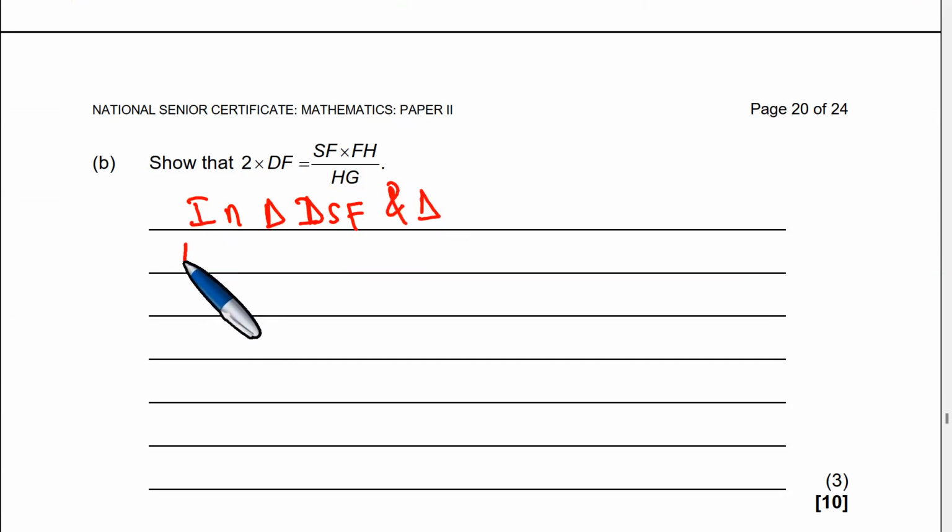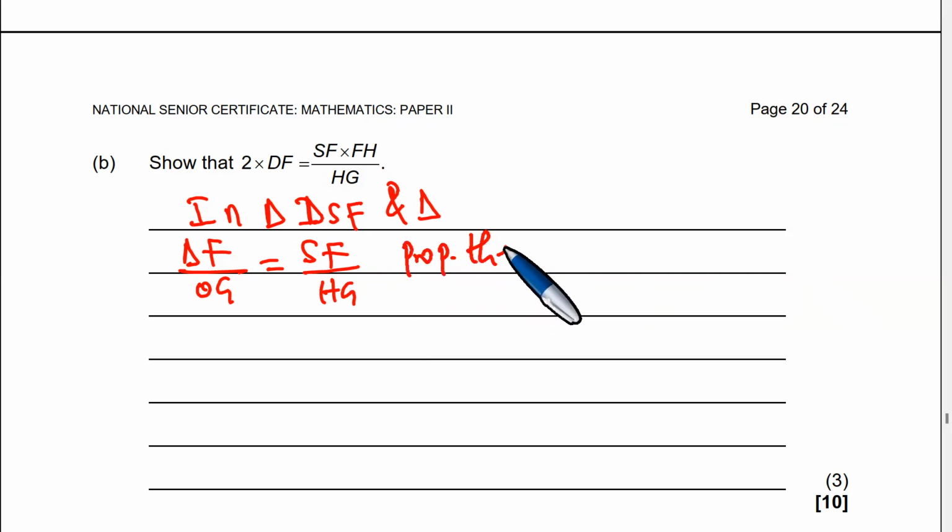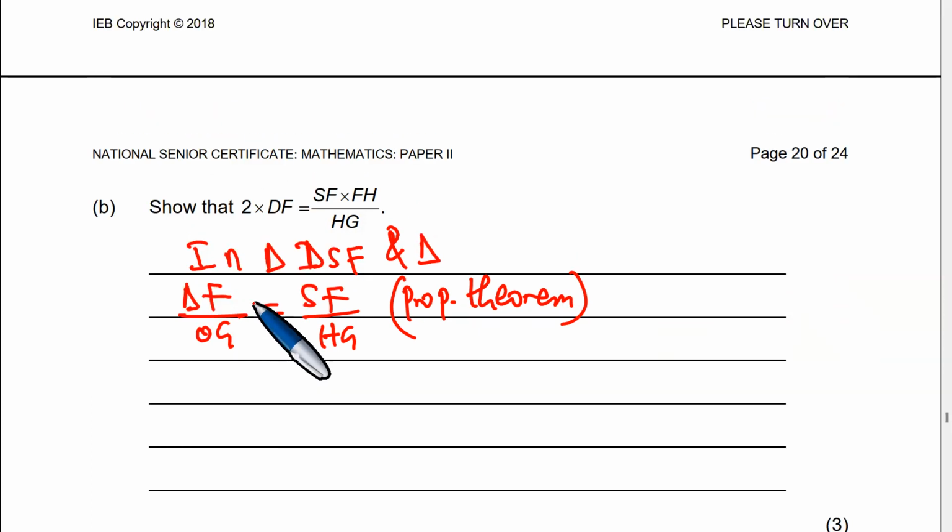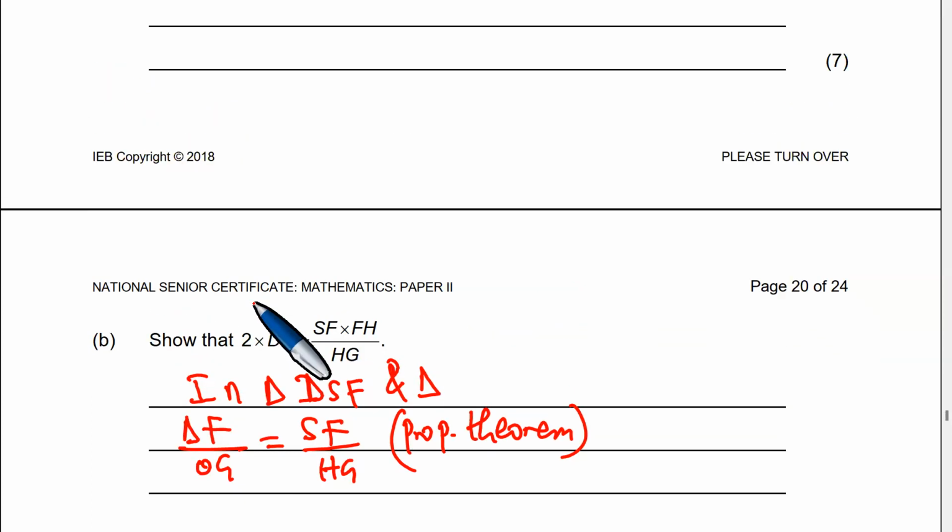But the first observation is that DF over OG is equal to SF over HG. Okay, this is the proportionality theorem. Let's look at that very carefully. Look at the statement I've written here and link it to the diagram.